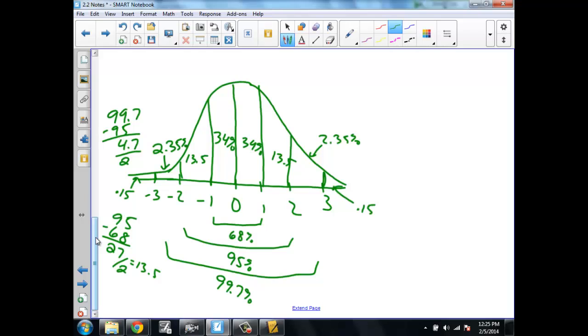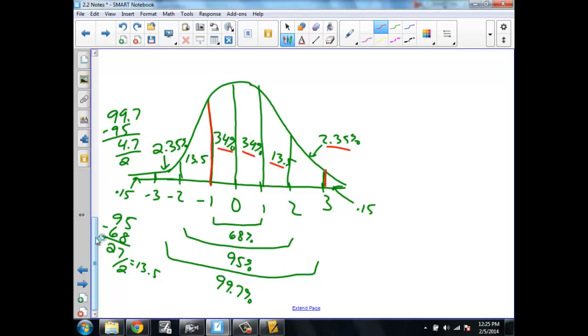To have that detailed out, I'm 99% sure that's going to benefit you, so that you have that diagram in your notes. You need to know what percent is in each of those. And I think it'll be a quick way to look, because if I say what's in between this one and this one out here, you can take 34 plus 34 plus 13.5 plus 2.35%, add those together real quick, and that'll get you your answer.